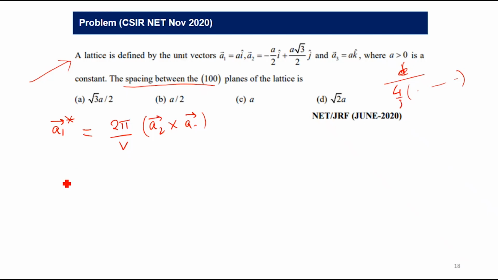So you have to calculate what V is. Keep calculating parallelly and see if I'm making any mistakes. V, I can directly write: A, 0, 0 for this vector. For A2, I can write minus A by 2, A root 3 by 2, 0, and for A3, 0, 0, A.